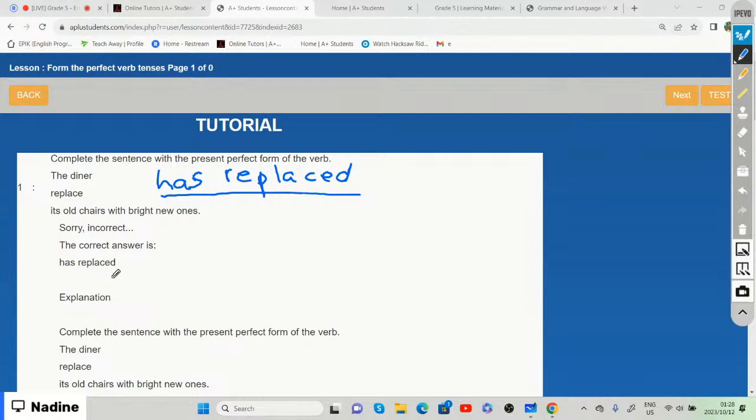So instead of just saying the diner replaced its old chairs with bright ones, we are now saying the diner has replaced its old chairs with bright new ones.